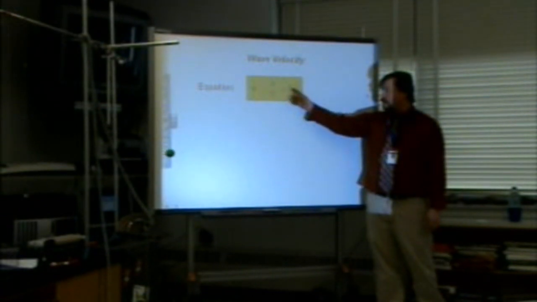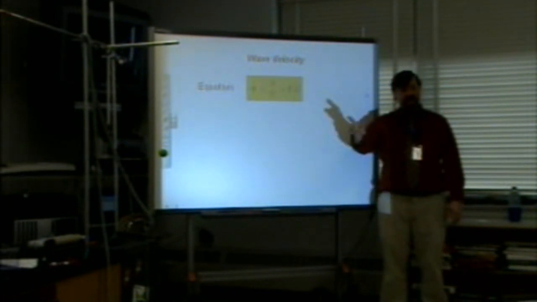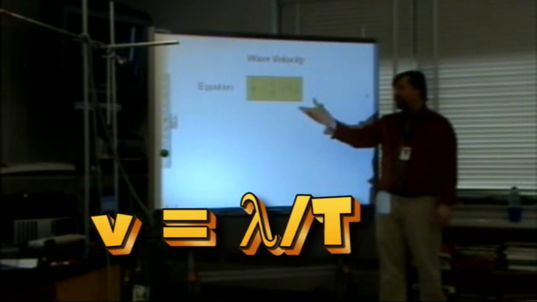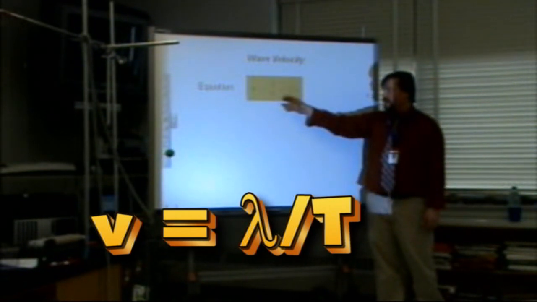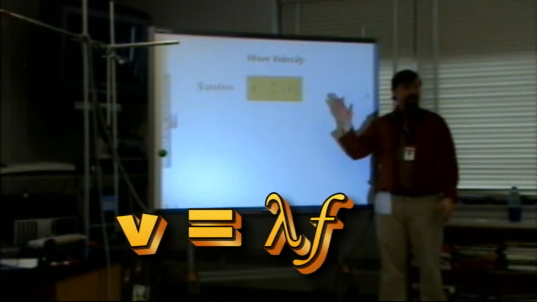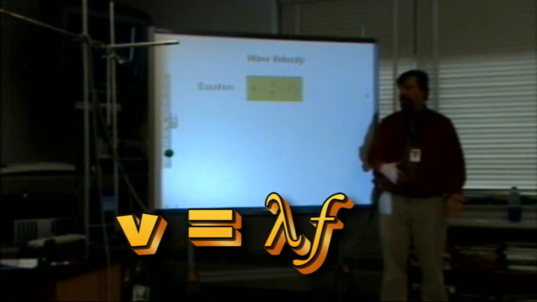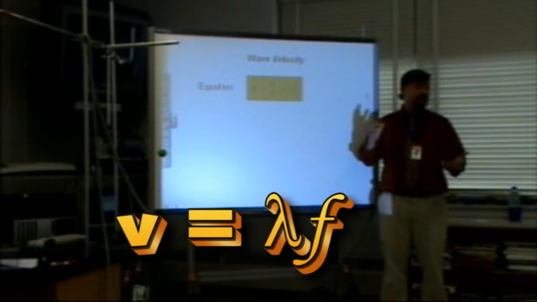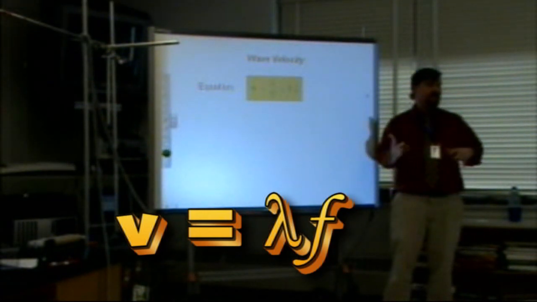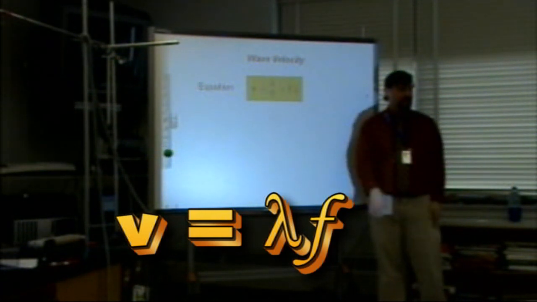So now our frequency is the inverse of the time period. Since we have lambda over T, we have frequency times lambda is equal to velocity also. If we're given a frequency, that's the inverse of the time period. If we're given a time period, that's the inverse of the frequency. They're inverse of each other, right?